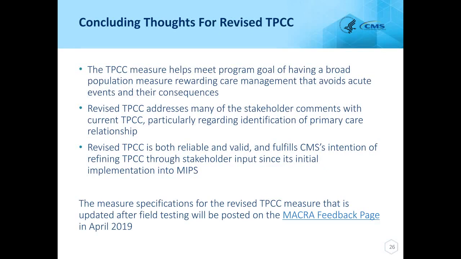And then just to conclude here, real quickly, the TPCC measure here is intended to meet a very specific program goal of a population level measure. And what we've tried to do with the revised TPCC measure is address as many of the stakeholder comments that we've seen beforehand and during field testing as possible.